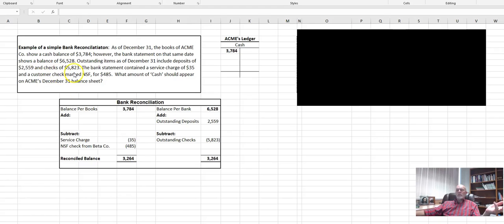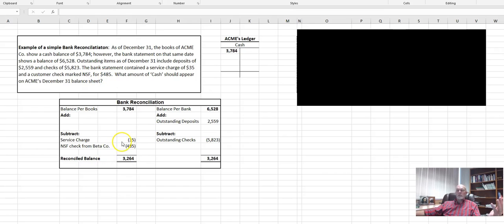We also had checks of $58.23 that were outstanding, checks that we wrote that have not yet been processed by the bank. As soon as they get to the bank, they'll subtract those from our balance. And so we're going to go ahead and do that. We're going to update the bank balance for these outstanding items. In addition, the service charge and the customer check that was returned NSF are amounts that need to be subtracted from our books.